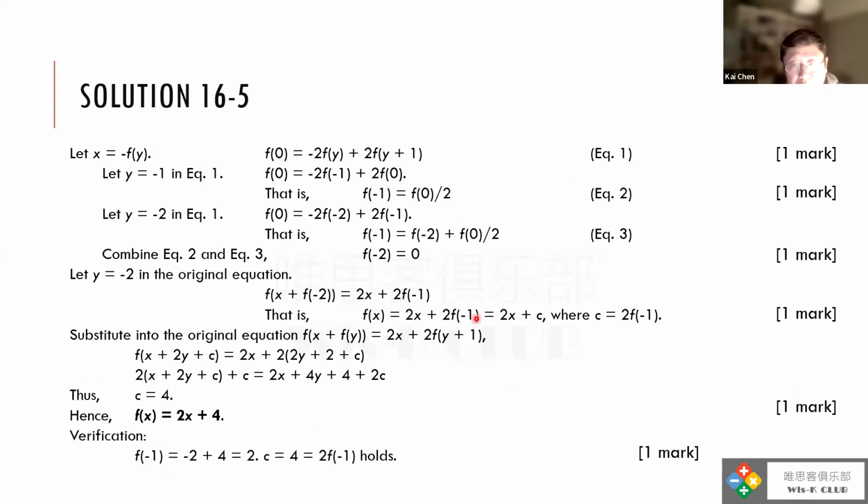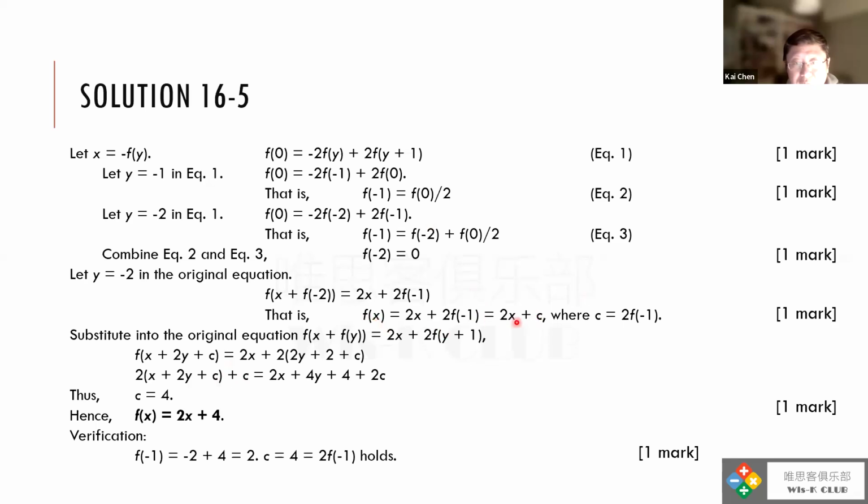You might think, what is f(-1)? I could find it, it's something about f0 or f(-1). I don't know, but it's a constant number. You can always regard it as a constant number. And then at the end of the day, you plug in another value to try to find what the constant number is. That's possible.